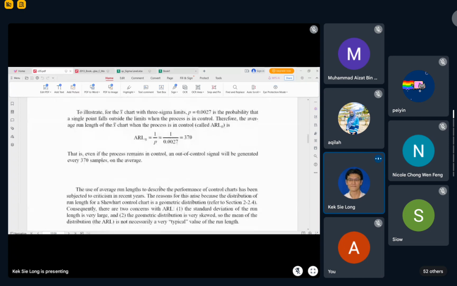Okay, refer here. P is 0.00227, the probability that a single point falls outside the limit when the process is in control. Process in control, but point outside of the control limit.